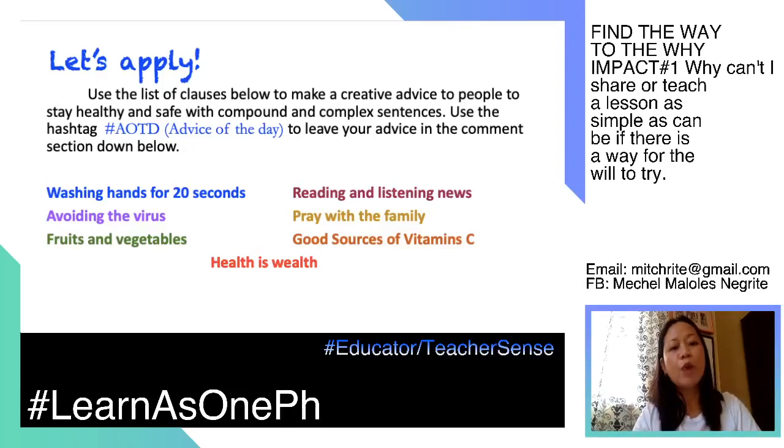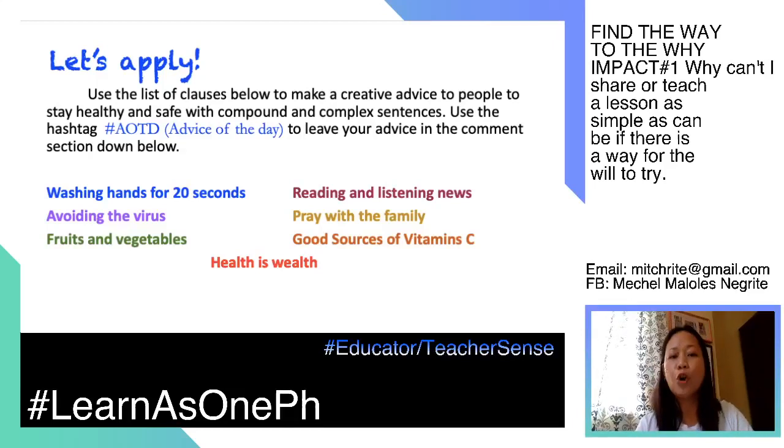So, we have washing hands for 20 seconds, avoiding the virus, fruits and vegetables, reading and listening to news, pray with the family, good sources of vitamin C, health is wealth. So, you're going to compose or make a creative advice to people using those clauses. And then you're going to compose it with compound and complex sentences.